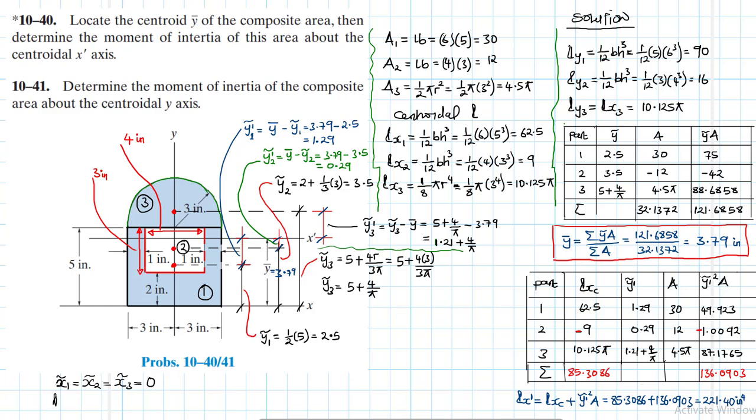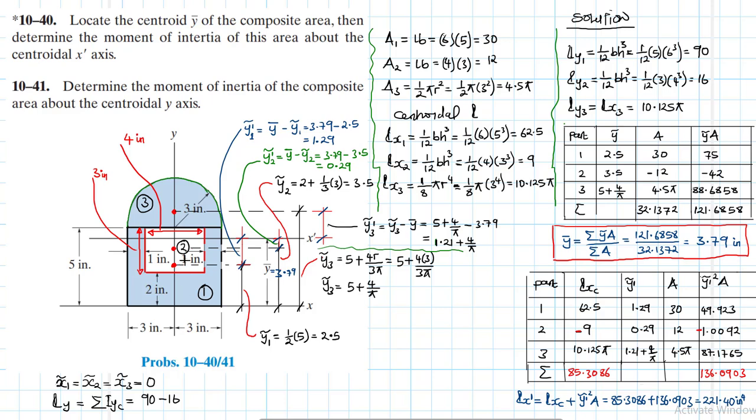Therefore, moment of inertia about the y-axis is just going to be equal to the summation of the centroidal moments of inertia about the y-axis, which is equal to 90 minus 16.